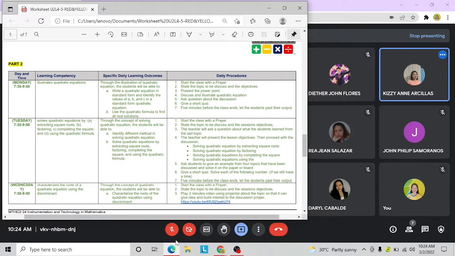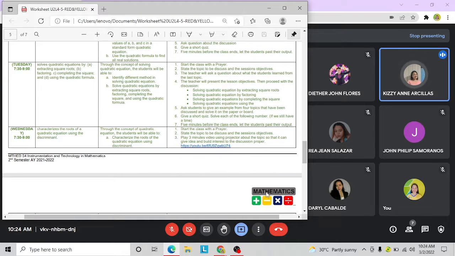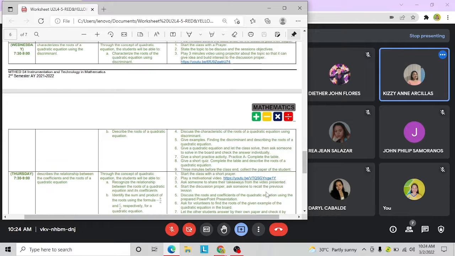And then lastly, ask students to give an example from the four topics that have been discussed and solve it on the paper or board. Give a short quiz, solve each of the following numbers, if we still have time. Lastly, 5 minutes before the class ends, the students pass their output. And that would be all for Monday and Tuesday.